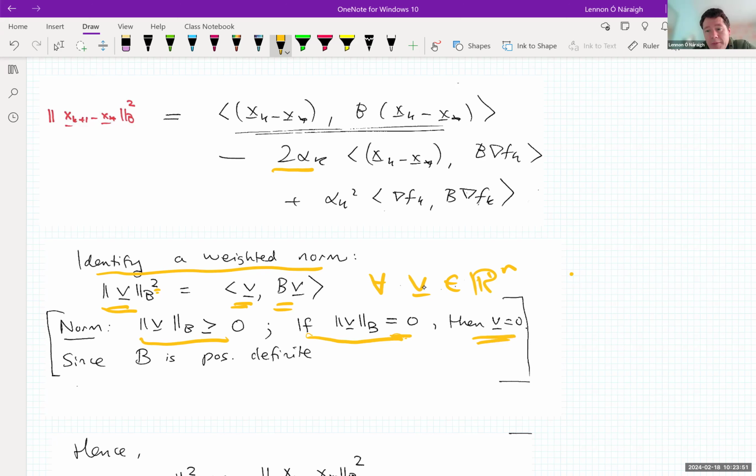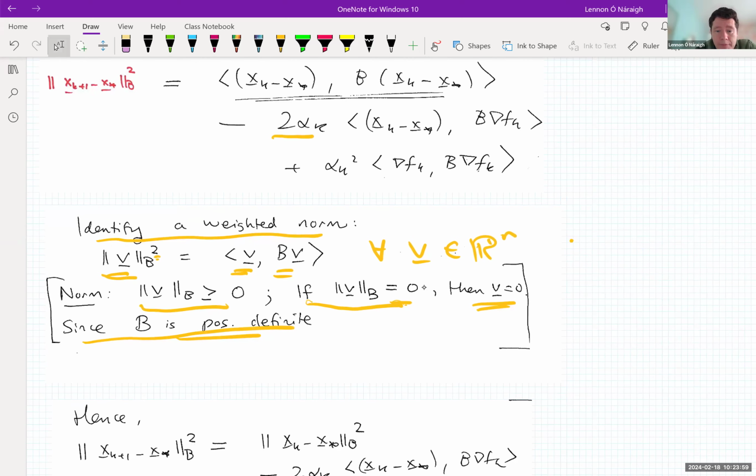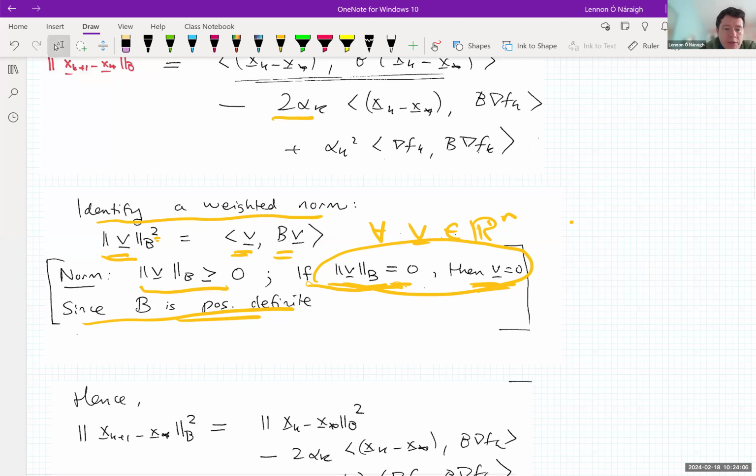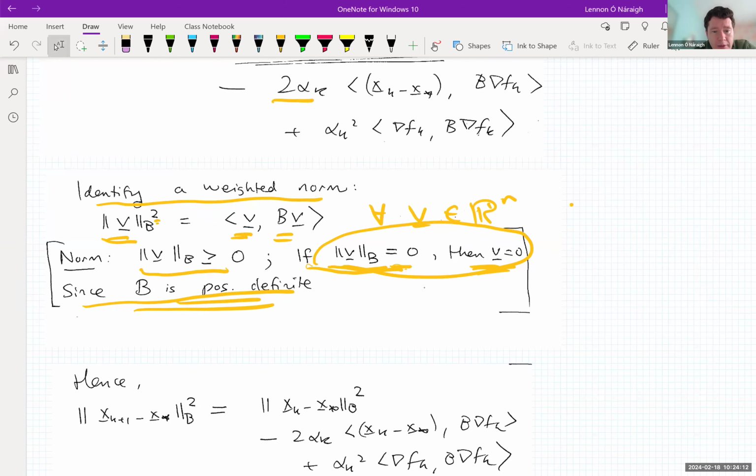And this comes from the fact that B is a positive definite matrix. So this is the definition of a norm. That the only way for this thing to be 0 is if the vector itself is 0. And this again only works, you can only construct a weighted norm like this when the weight matrix in question is positive definite. So we can really refer to this scalar product combination as a norm.